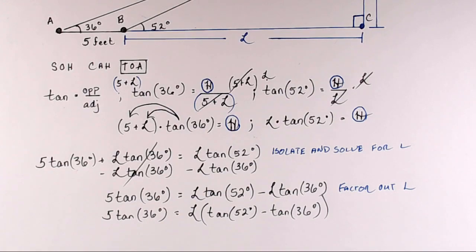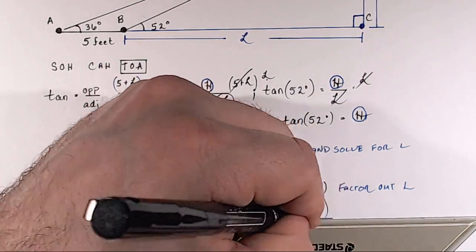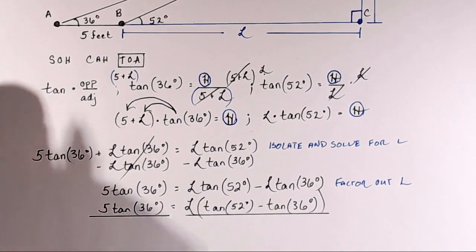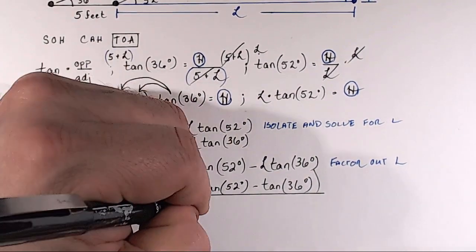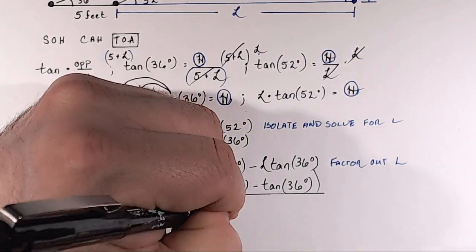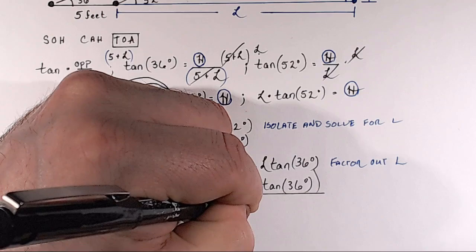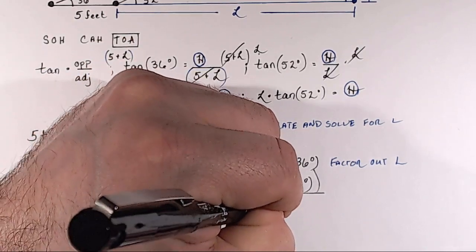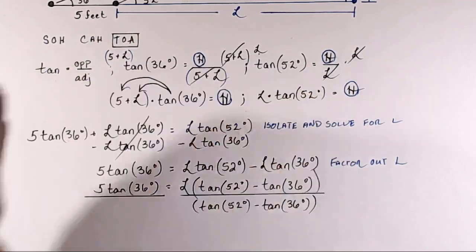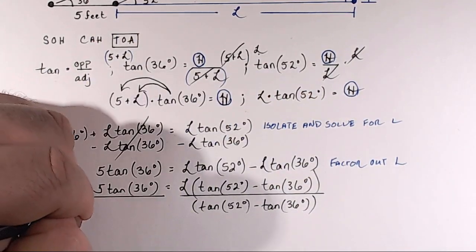Okay, so I'm almost there. Now I just need to divide both sides by this long expression. So divide both sides by open paren tan of 52 degrees minus tan of 36 degrees on both sides.